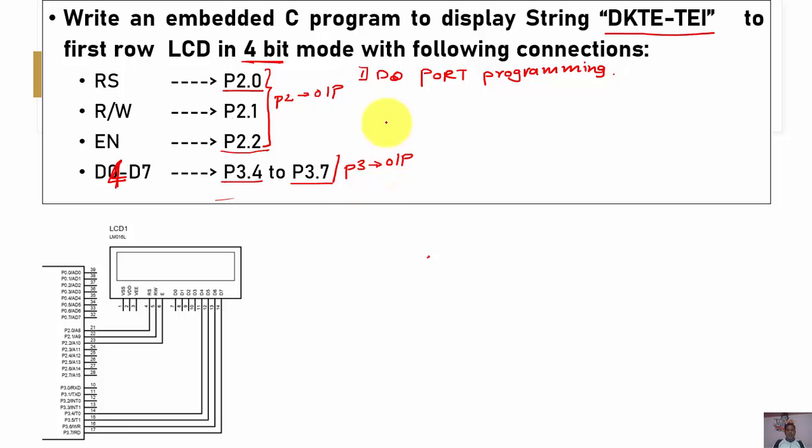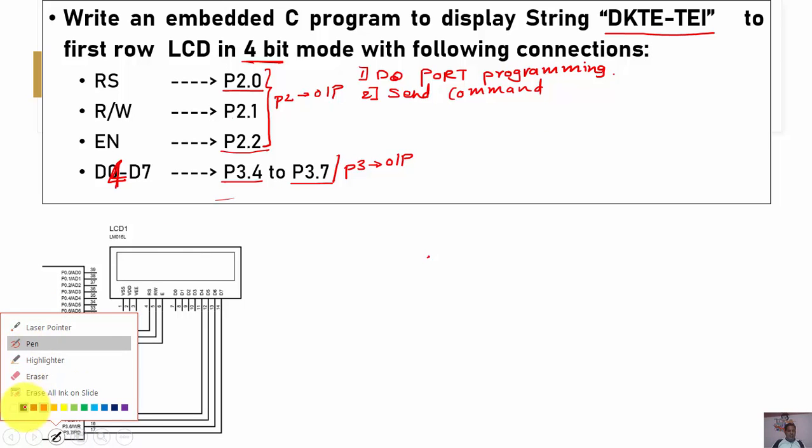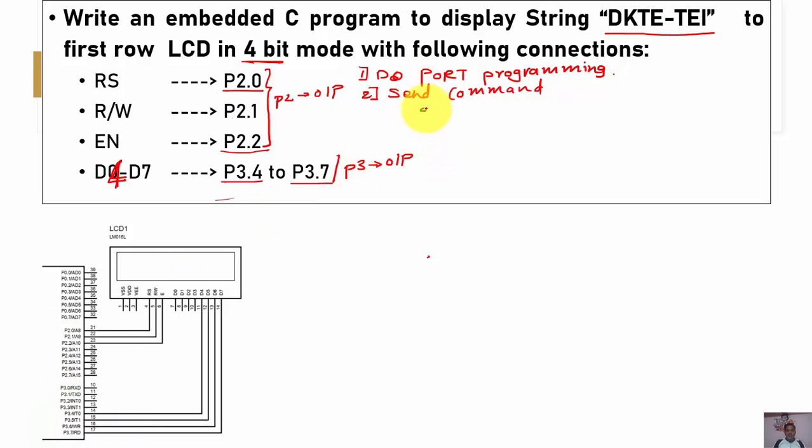Then the second step: we have to send the appropriate command. In order to send the command, first send the command on the data line. Second, select the command register by making RS equal to 0.